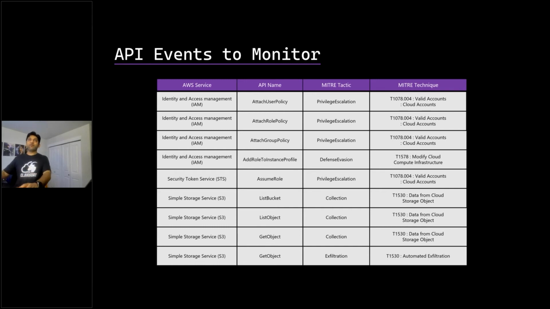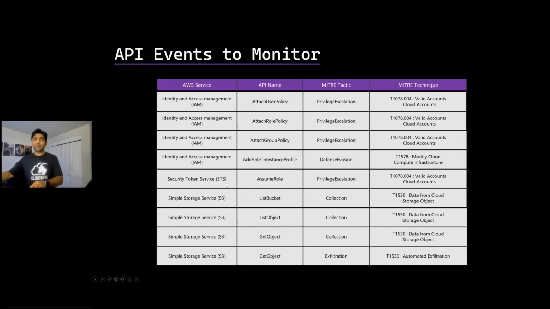For IAM, we have attach user policy, attach role policy, and group policy. Anytime you have a highly permissive policy attached to a specific role or user, you want to monitor that. Another thing is when that role is attached to an EC2 instance profile, which falls under the defense evasion tactic and the T1578 technique.